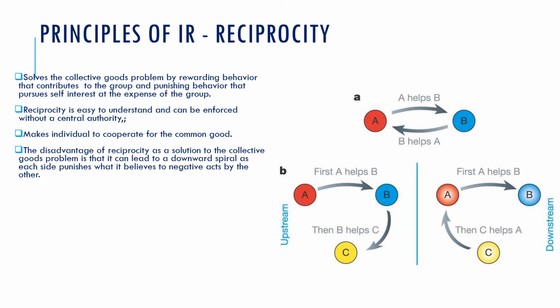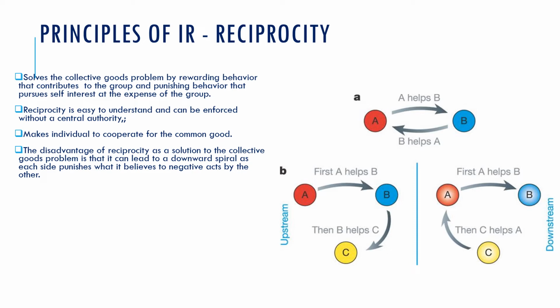The disadvantage of this particular principle is that it can lead to a downward spiral, as each side punishes what it believes to be negative acts by the other. So for example, let's assume that we have an environmental problem, right?